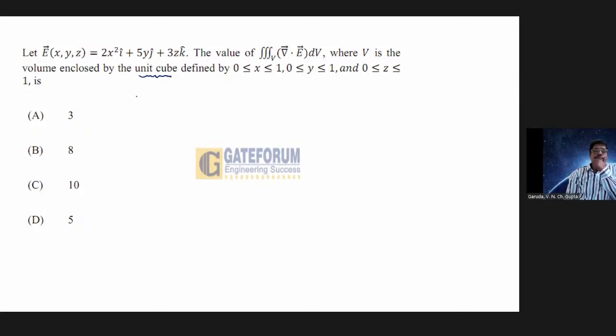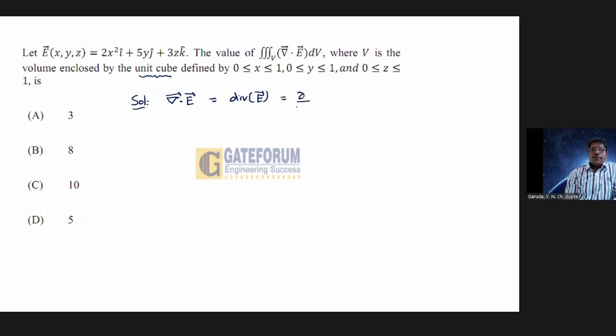Now, the solution. First find del dot E bar, which is nothing but the divergence of vector E bar. So what is the divergence of a vector?